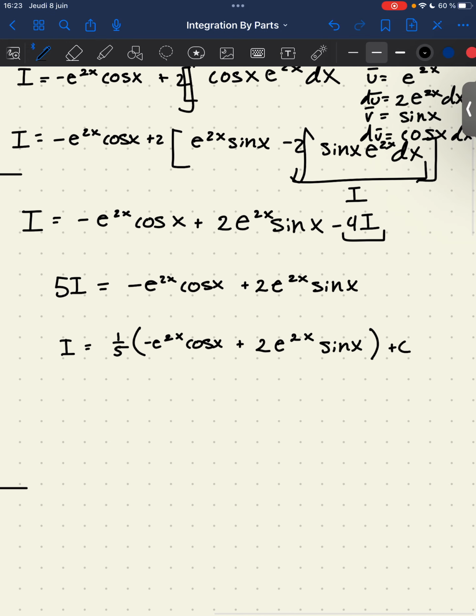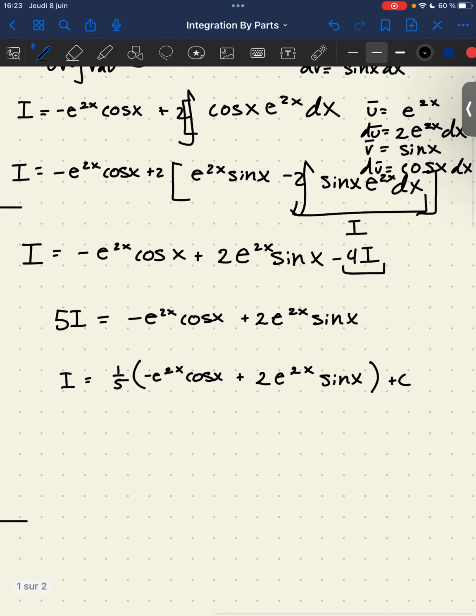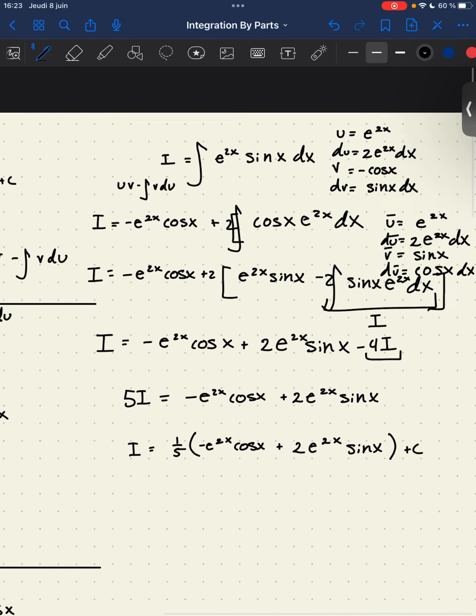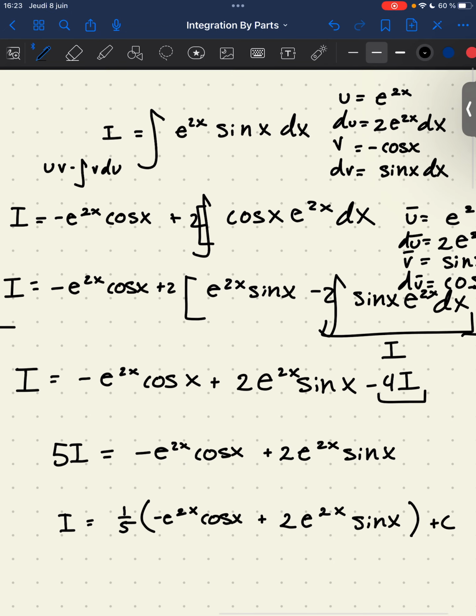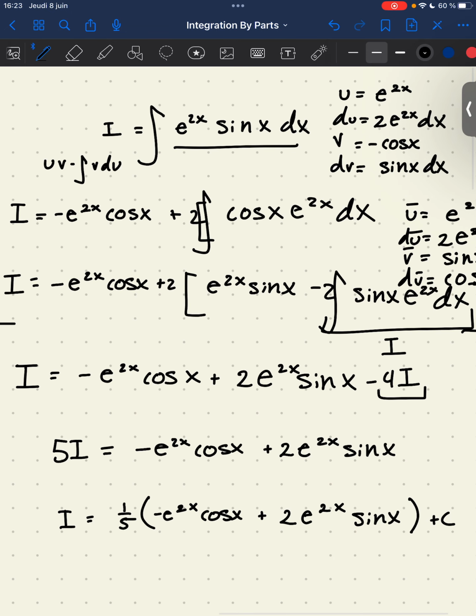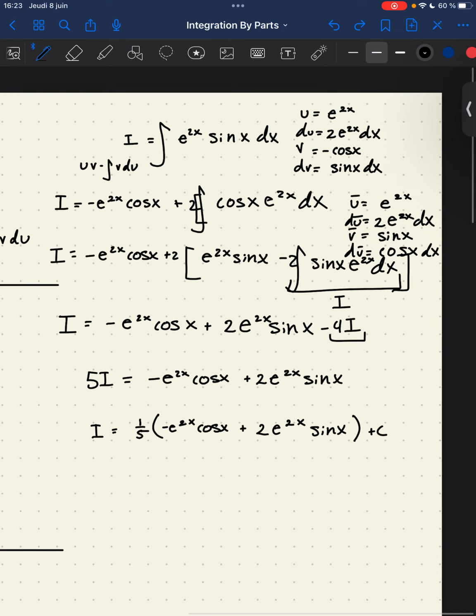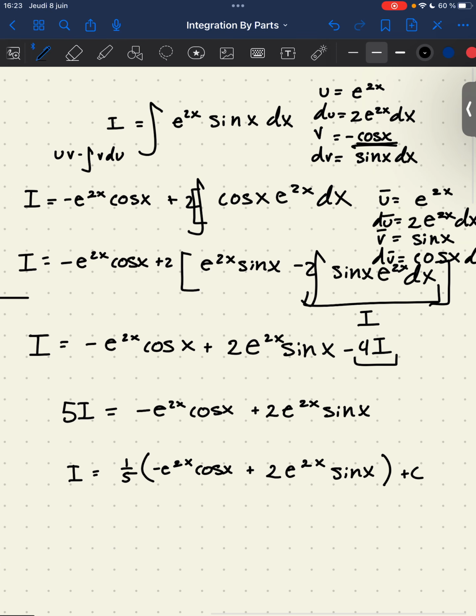I believe I might have mistaken a sign somewhere. Let's see, so we start off with that. Our sign is correct here. It gives you negative negative, which is a positive here.